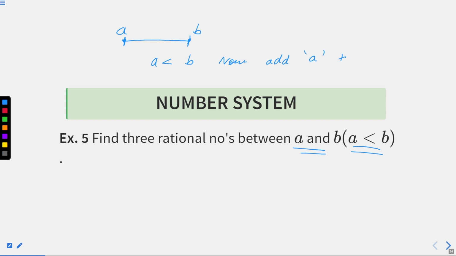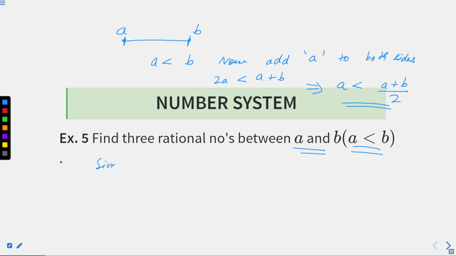So 2A is less than A plus B, which implies A is less than (A plus B) by 2.